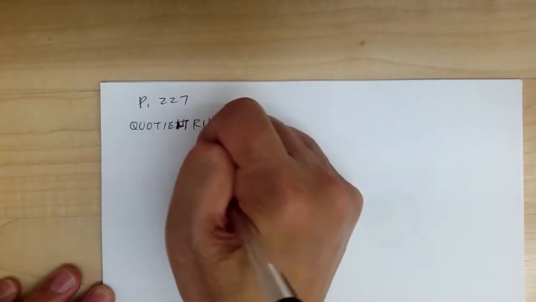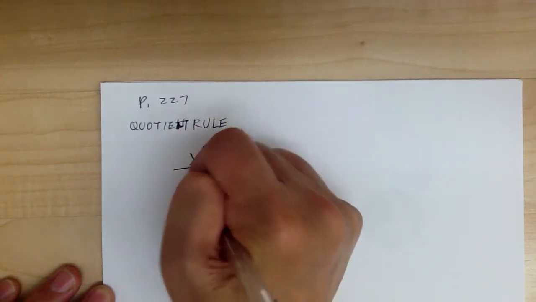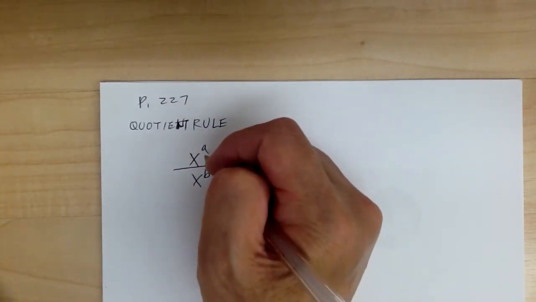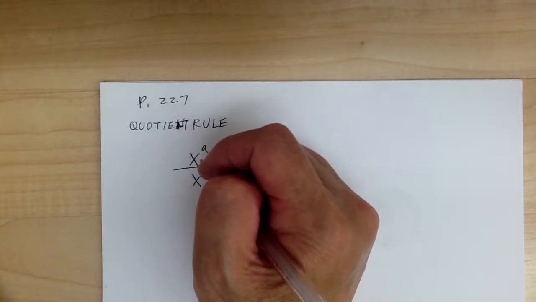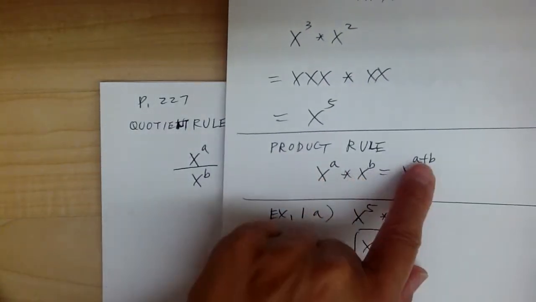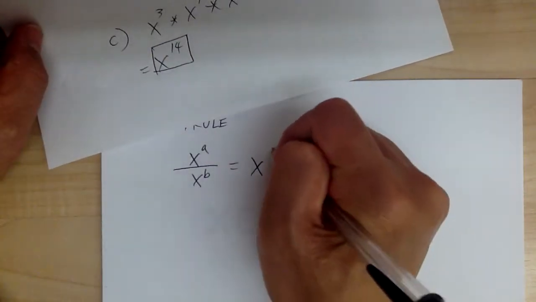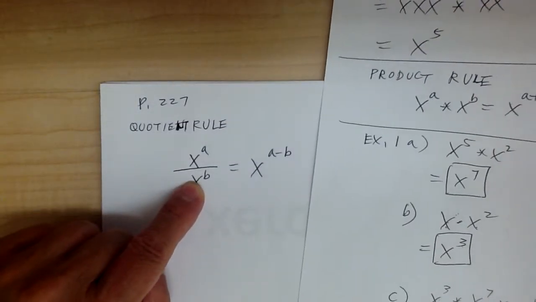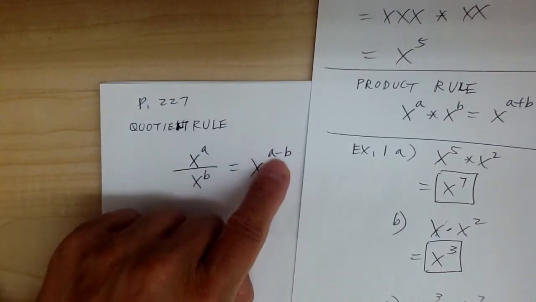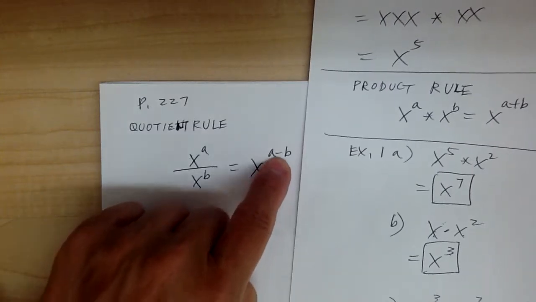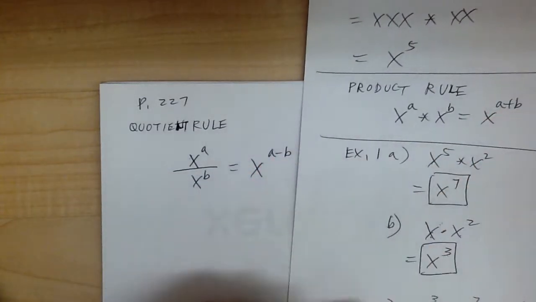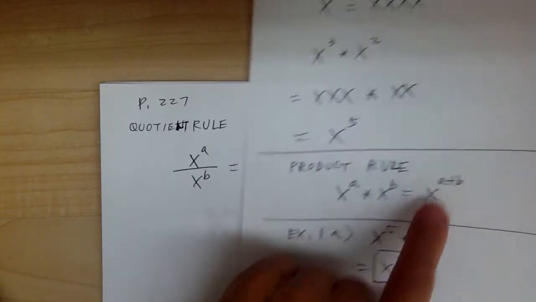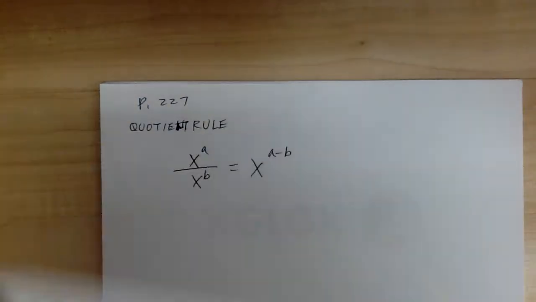So when you have x to the a divided by x to the b, this is doing the opposite of multiplication. If you remember the product rule, when you multiply, you add. So when you have division, you subtract. So this will be equal to x to the a minus b. Because division is the reciprocal of multiplication. So it's opposite. Negative b is opposite of positive b. So again, when you have multiplication, you add. When you have division, you subtract.